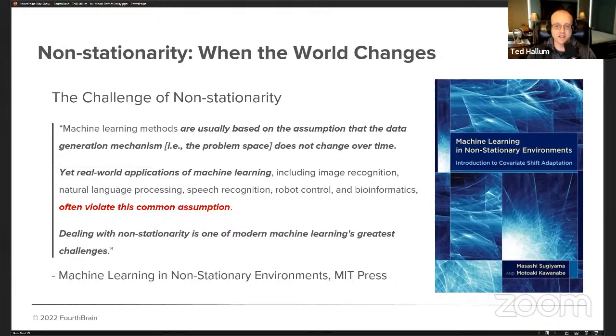That's just not a valid assumption. In the real world, the data generation mechanism always changes over time, and it violates that assumption. And it's really a shame that we train people that way, because it's just not pragmatic out in the real world. And they say here, the final statement, dealing with non-stationarity is one of modern machine learning's greatest challenges. And I think they're absolutely right. So I think that captures the importance of the topic that we're covering here today.